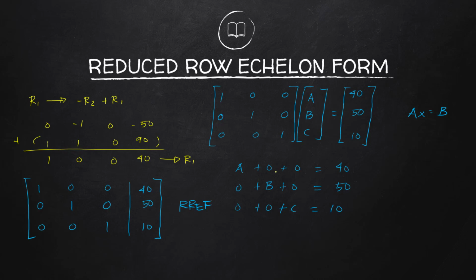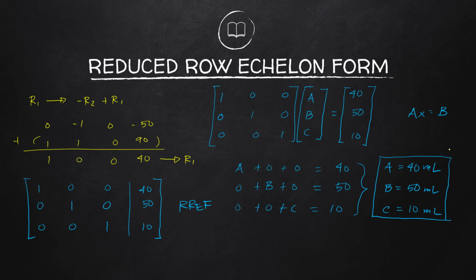So if you notice, we already arrive at the values of A, B, and C. A here is equal to 40 milliliters, B is equal to 50 milliliters, and C is equal to 10 milliliters.